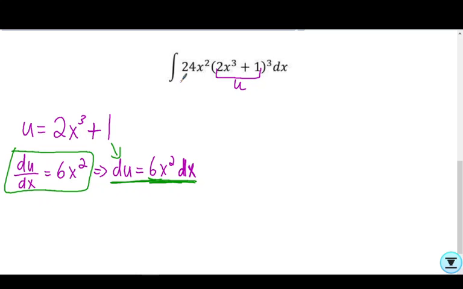And everybody will agree with me that 24 right here, that is 4 times 6. Okay? So I can rewrite this as the integral. I'm going to put 4 out here. And then I'm going to end up with 6x squared times 2x cubed plus 1 cubed dx.